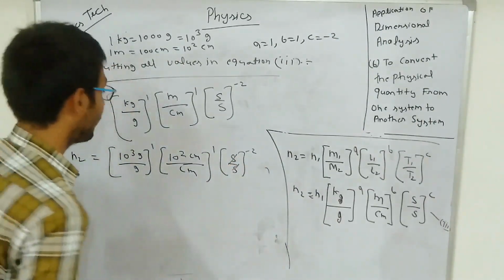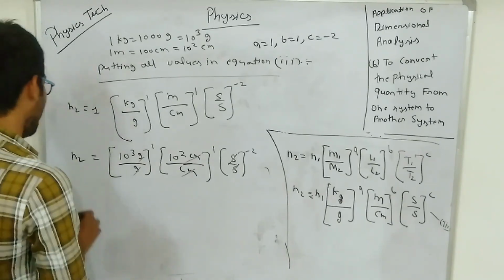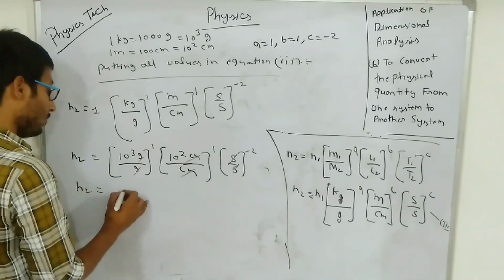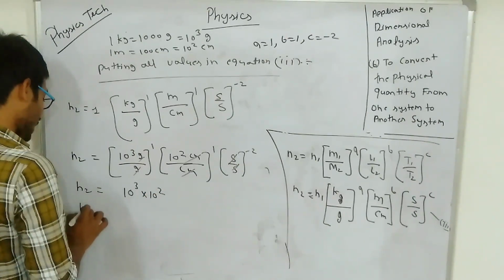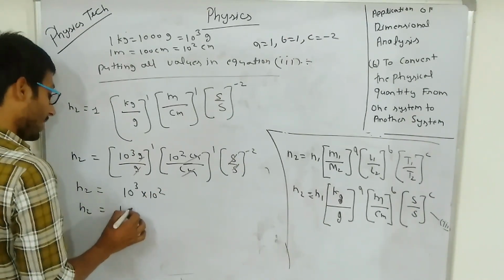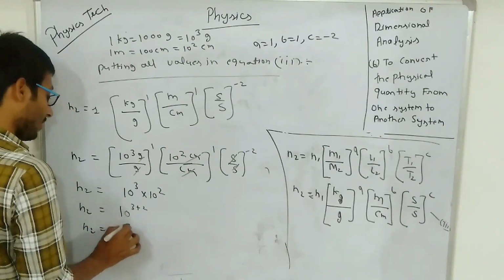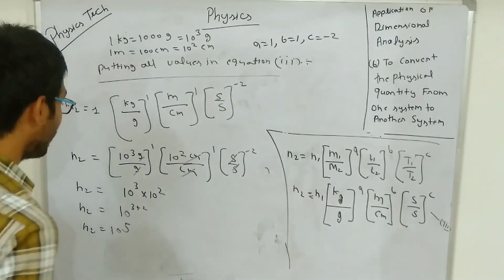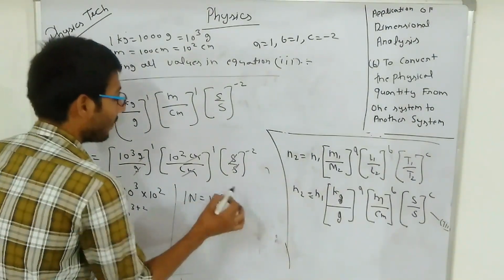It will cancel: g cancels, centimeter cancels. Then n2 is equal to 10 to the power 3 into 10 to the power 2, which is 10 to the power 3 plus 2, which is 10 to the power 5. So 1 Newton is equal to 10 to the power 5 dyne.